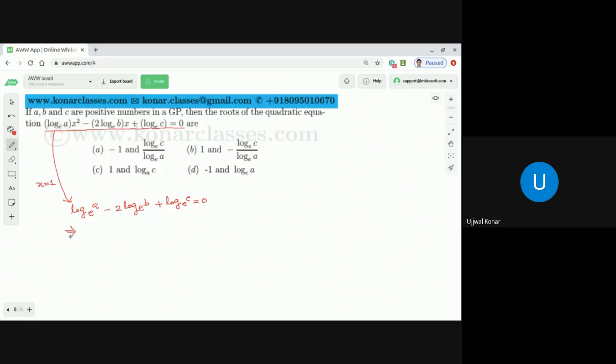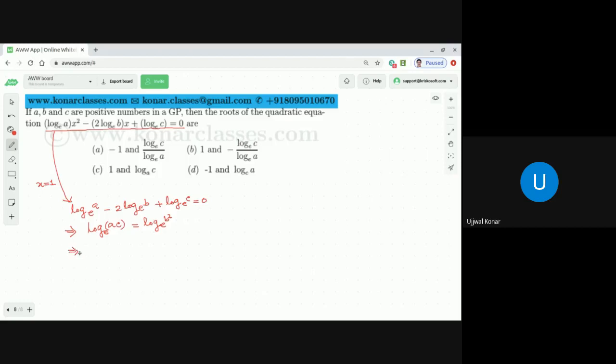So log a base e plus log c base e, that means log of a into c base e, is equal to log of b square base e, because we know that 2 log b is equal to log b square, that is, m log n is equal to log n to the power m.